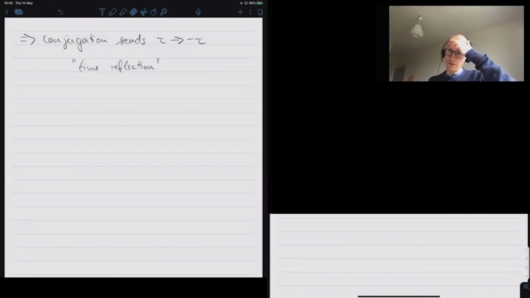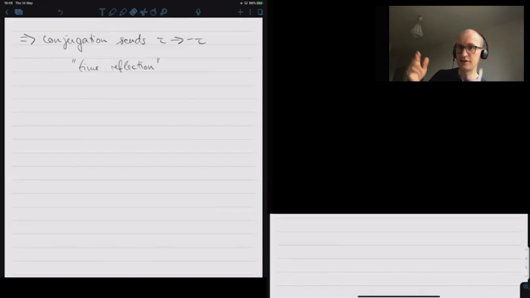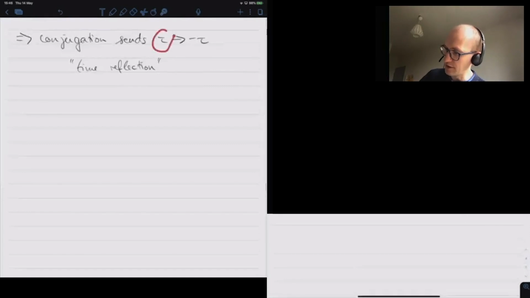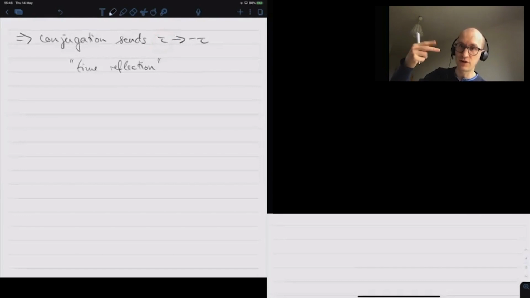But what I would like to do now is see what this actually means for our cylinder slash radial slash R^d plane story. I've been calling this coordinate tau on purpose, because I want to say what the conjugation operation is on the cylinder.